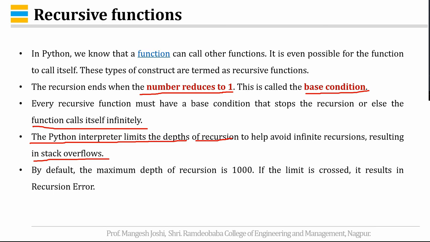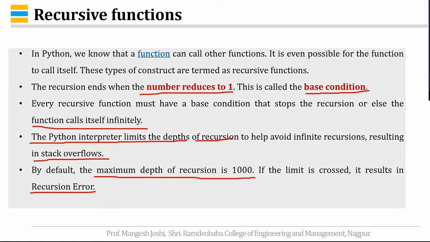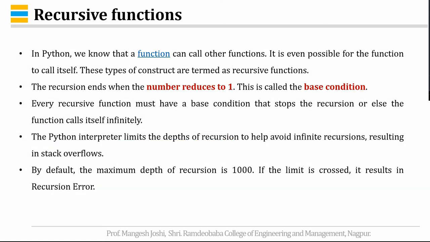In C language, most of you have seen that you have to use control break to break the program when it goes into an indefinite loop. In Python there is a limit: the maximum depth of recursion is 1000. If the limit is crossed, it results in a recursion error, meaning the interpreter will automatically terminate your program.